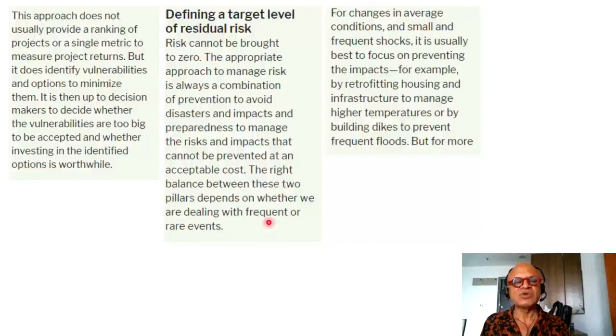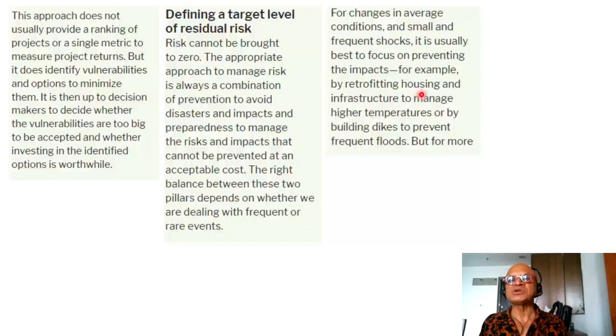The right balance between these two pillars depends on whether we are dealing with frequent or rare events. So 1 generation or 2 generations may go by without any sea level rise consequence, for example, and they think they made a great investment, and then the next generation gets hit hard and you have failed them. So that's something you have to worry about.